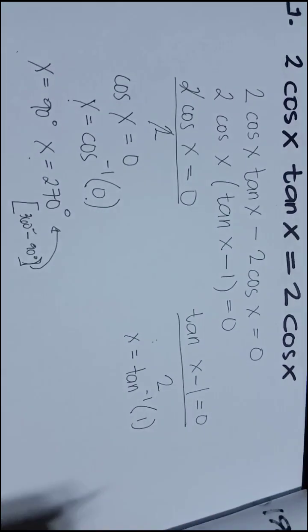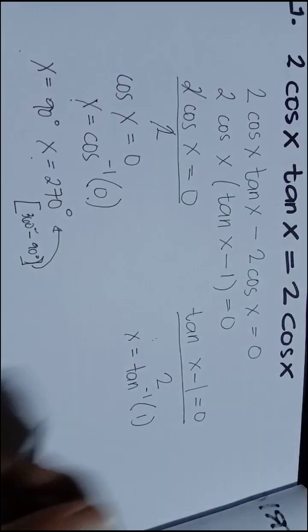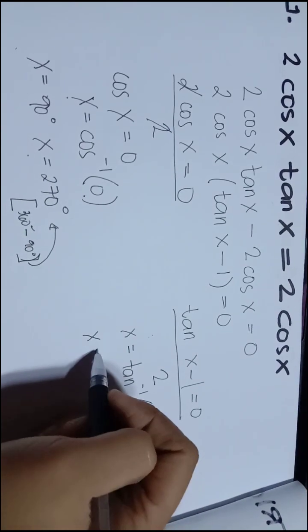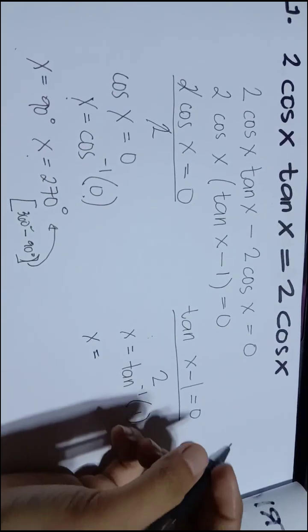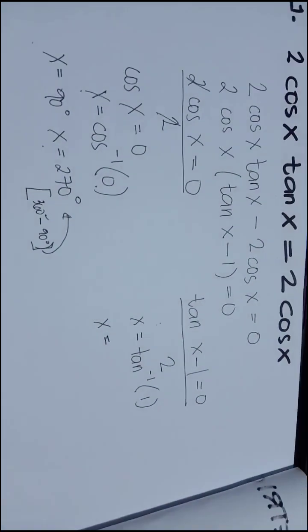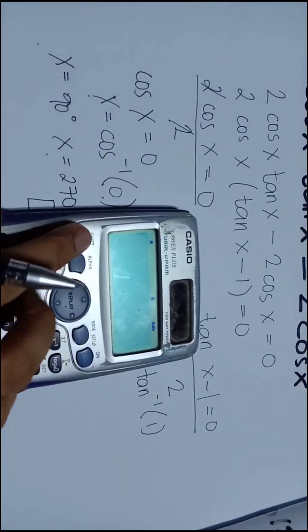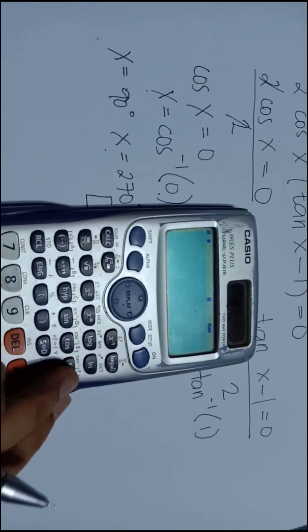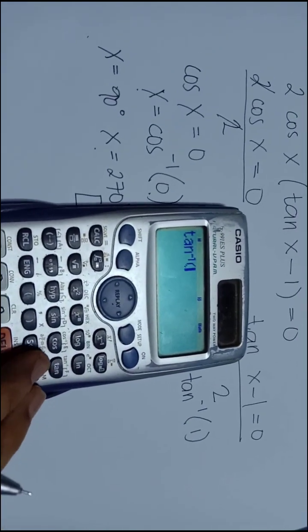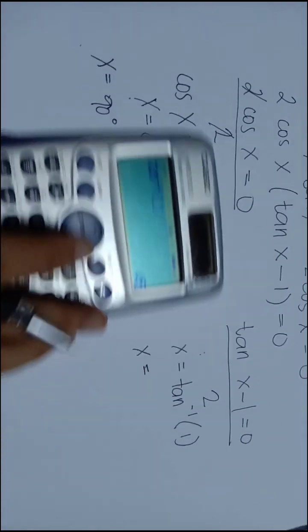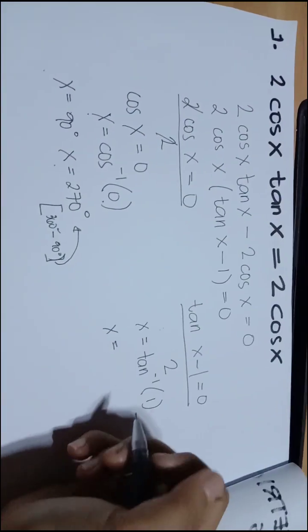Now, what is the value of x? Let's use a calculator to find the value of x. So just press shift tangent, then put the value. So it equals 45 degrees.